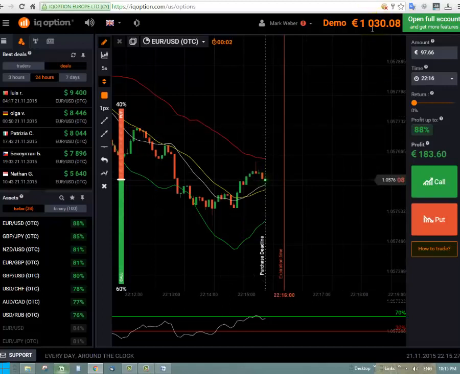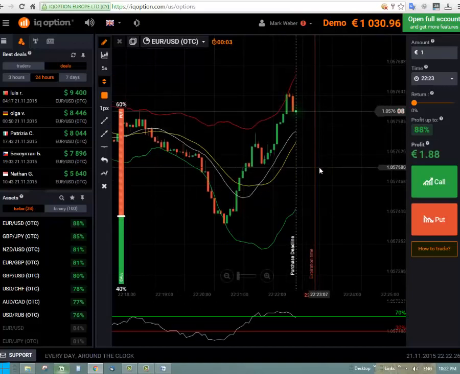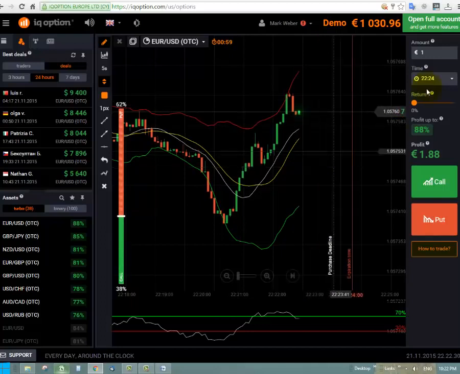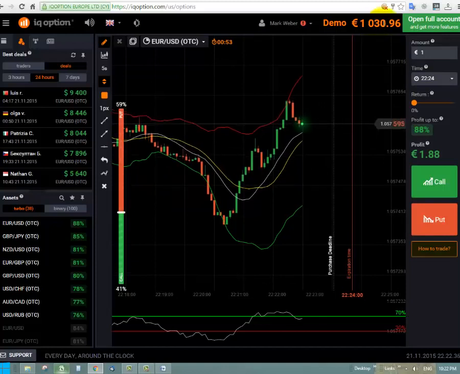Well, we have now 1030 euros. So you got the idea about what this strategy is all about. As you can see, in less than 30 minutes we made 30 euros profit.